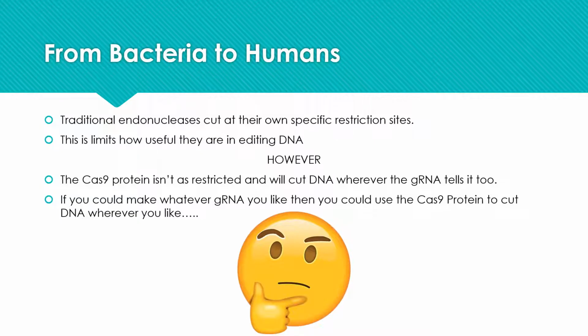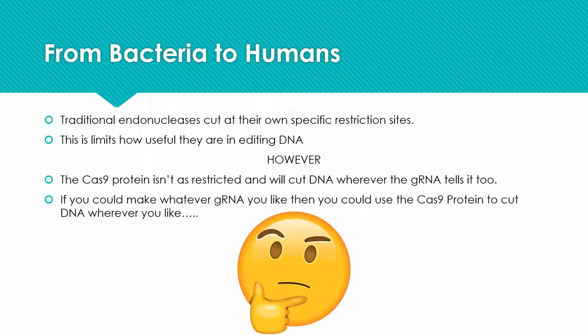So we've spent all this time talking about CRISPR and what it does in bacteria, and it's important that you understand how CRISPR works in bacteria. But the question is, can we apply it to something else? And so remember, when we talked about editing DNA and our other molecular tools earlier, our endonucleases were the things that did the cutting.